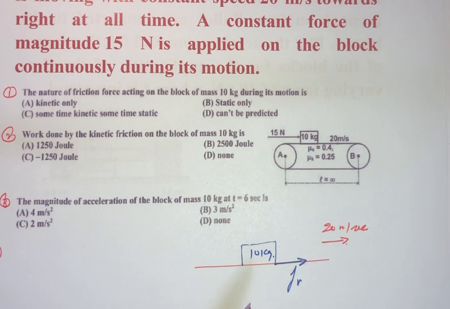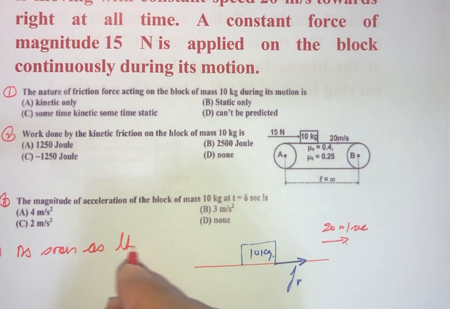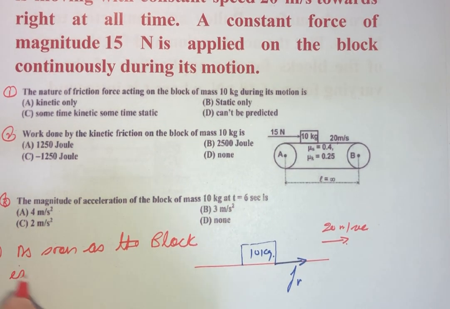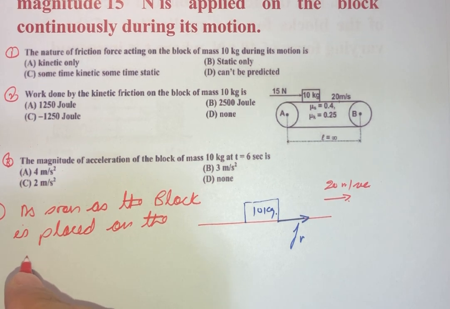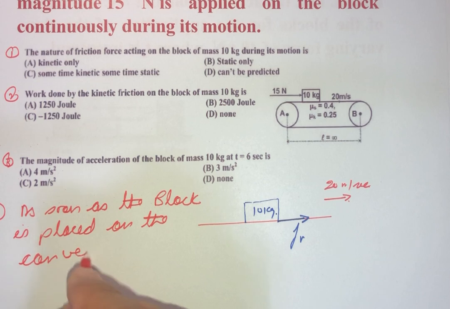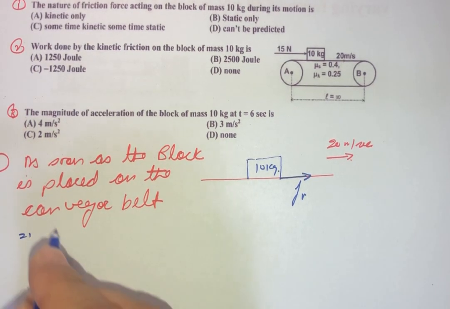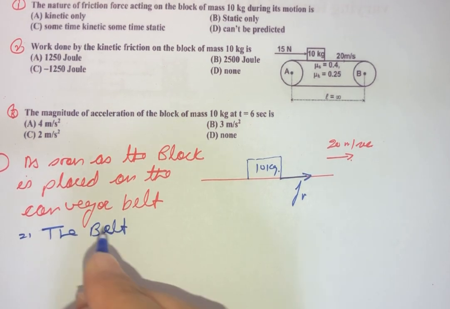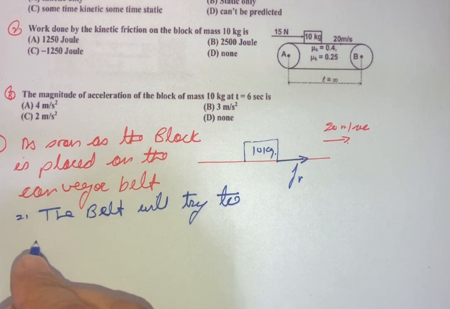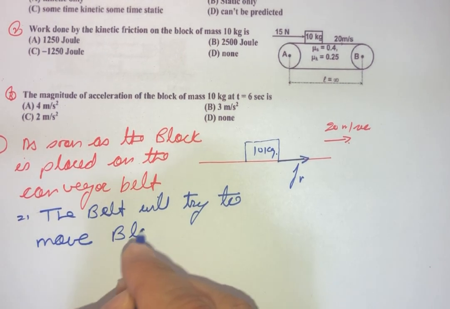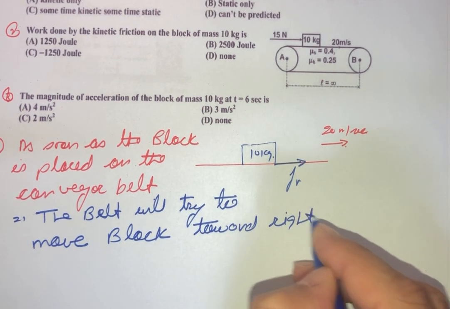We can explain it this way: as soon as the block is placed on the conveyor belt, the belt will try to move the block towards the right direction.